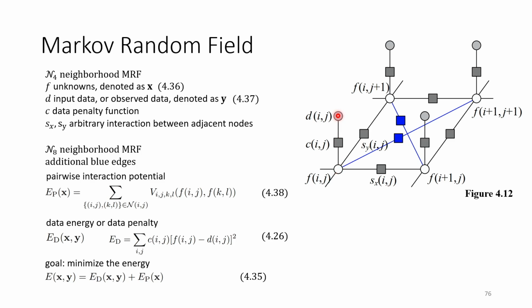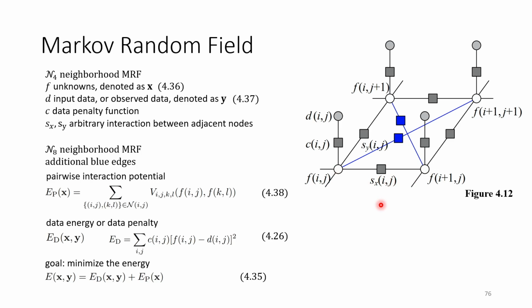And in addition to D and f, there are other terms of the cost. Sometimes some people call it cost, some people call it energy. It means for two adjacent pixels, they have a certain relationship. It is described in this S, and the S can be any arbitrary relationship.